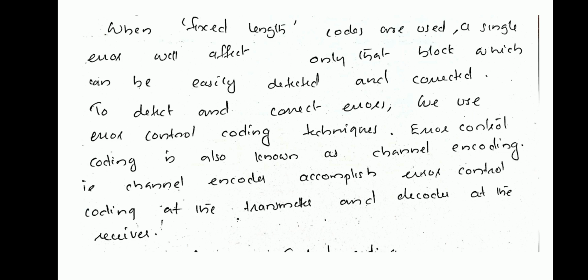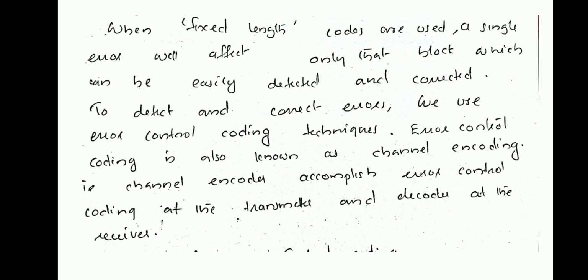So in fixed length coding as well as in variable length coding, if we are transmitting the information through a channel, there will be errors, and to detect and correct those errors we need some controlling mechanism, and that is called error control coding techniques. Error control coding is also known as channel encoding.